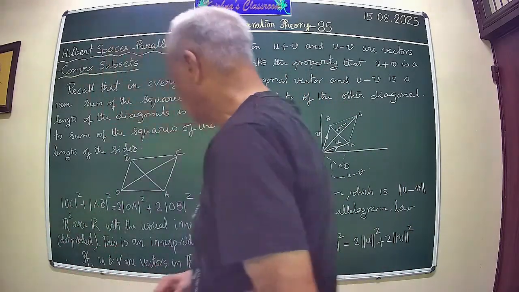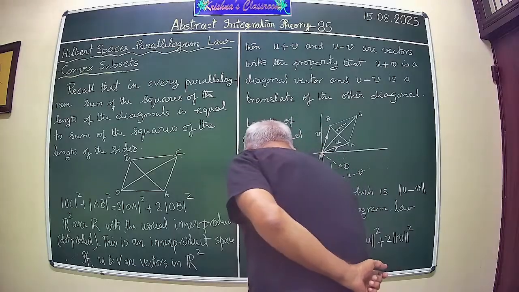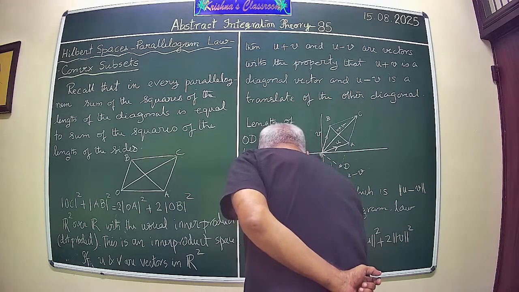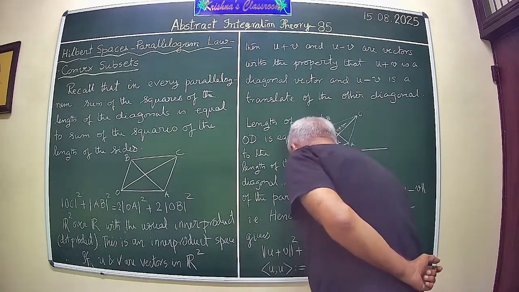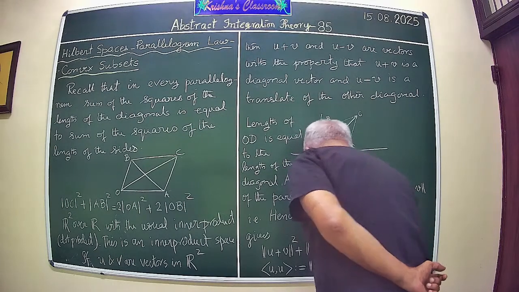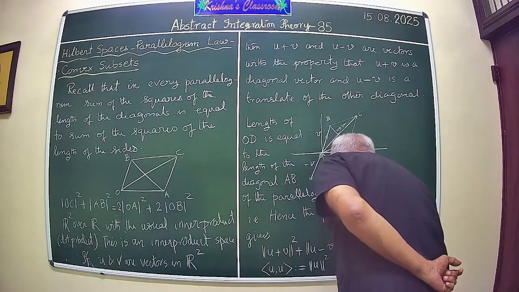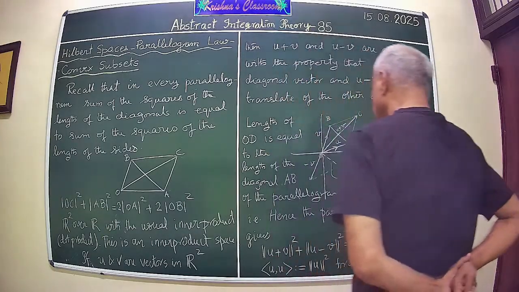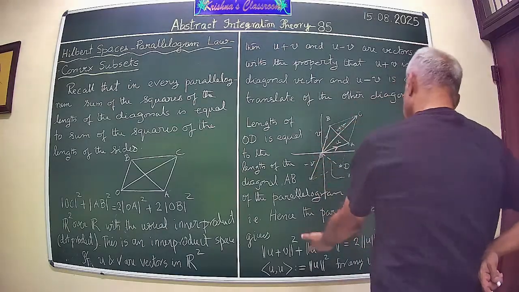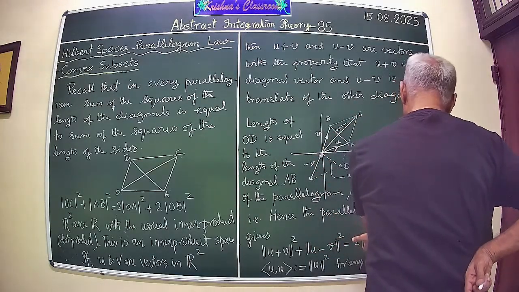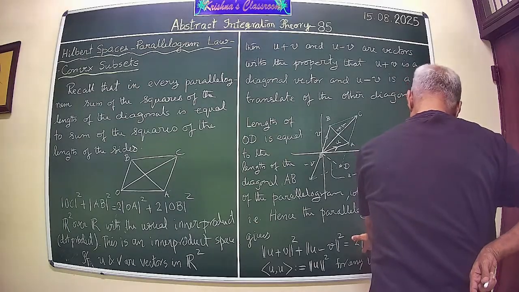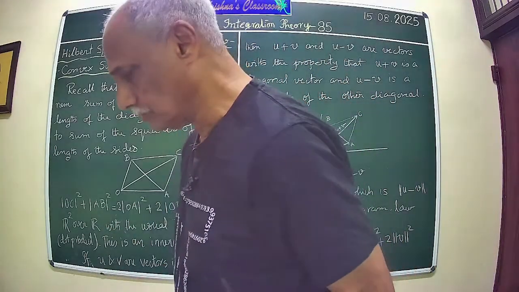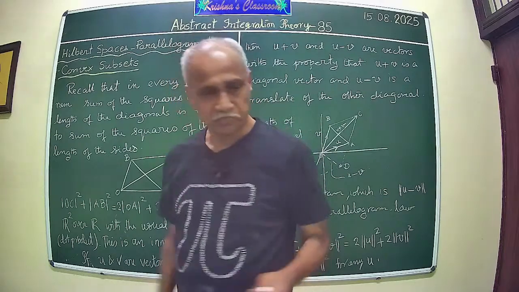So we can generalize it. And therefore this can be expressed in the form of inner product of U plus V with itself, inner product of U minus V with itself, this is again inner product of U with U, this is inner product of V with V. Okay. So that's very easy to see in R2.